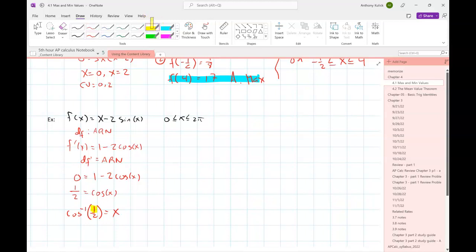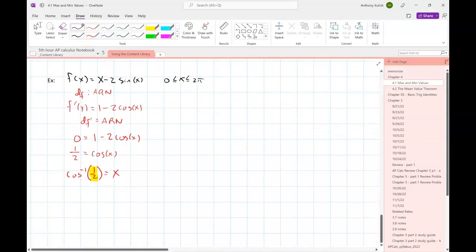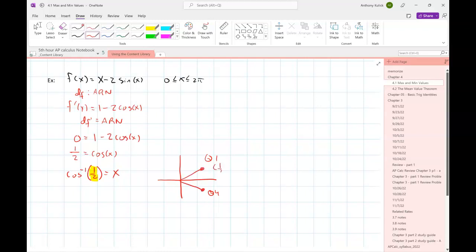Hopefully when you look at this, you recognize that 1/2 is a unit circle value. If I go back to my unit circle and think about where cosine is positive, that happens in quadrants 1 and 4. Cosine is the x-coordinate.